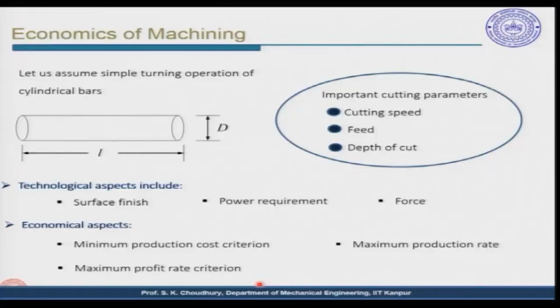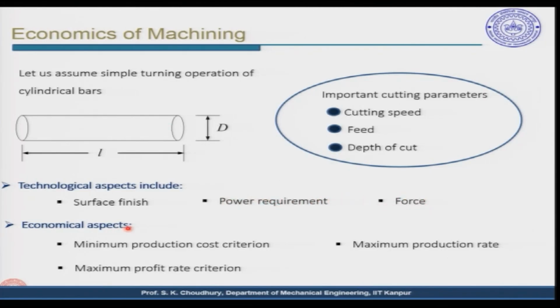Let us assume that we have a cylinder of length L and external diameter, or outer diameter, capital D. Now, the important cutting parameters are the cutting speed, feed, and depth of cut. The technological aspects include the surface finish, power requirement, and force.